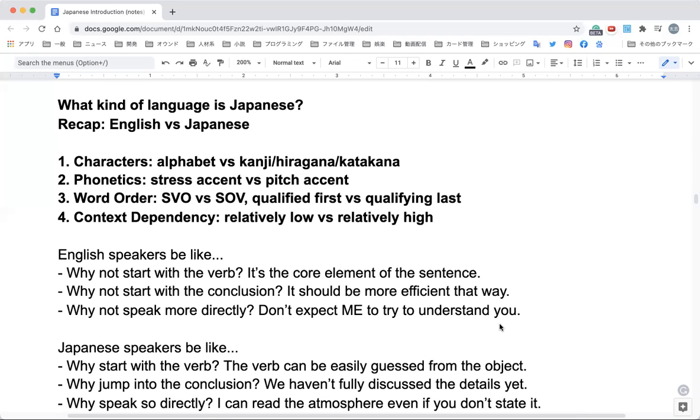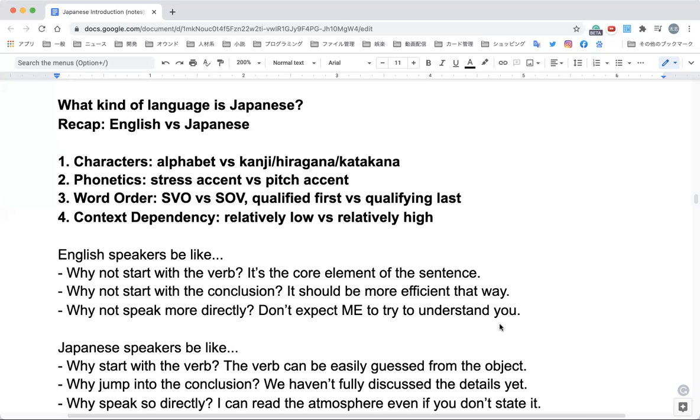The verb is the main element of the sentence. Or why not start with the conclusion? The conclusion is the main part. Why try to delay the conclusion? Why not speak more directly? You are supposed to convey your thoughts. Don't expect me to try to understand you.